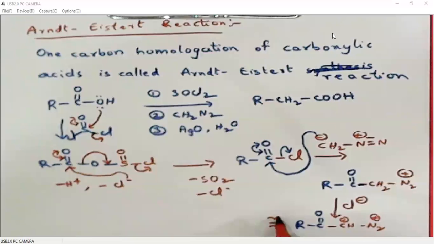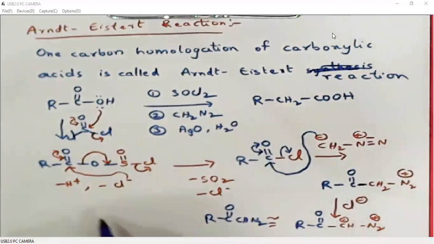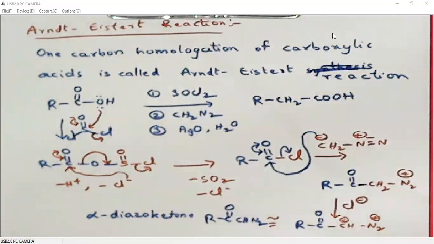Or simply, how can we write this? We can write this as RCOCHN2, alpha diazoketone. The remaining mechanism I will discuss a little later.